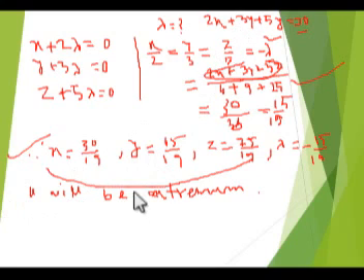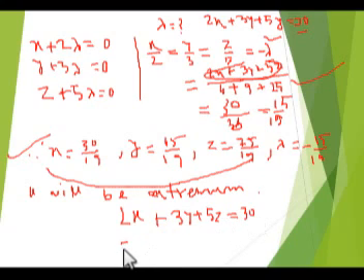That we are given a condition that 2x plus 3y plus 5z is equal to 30. So we will express z through x and y.